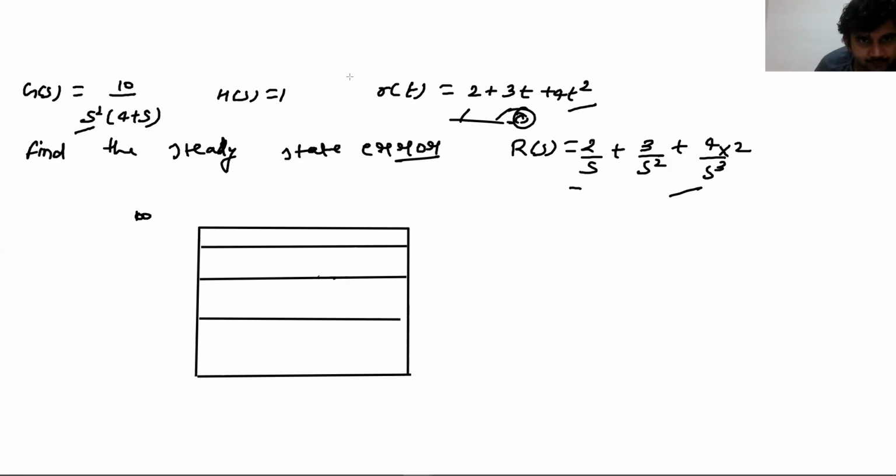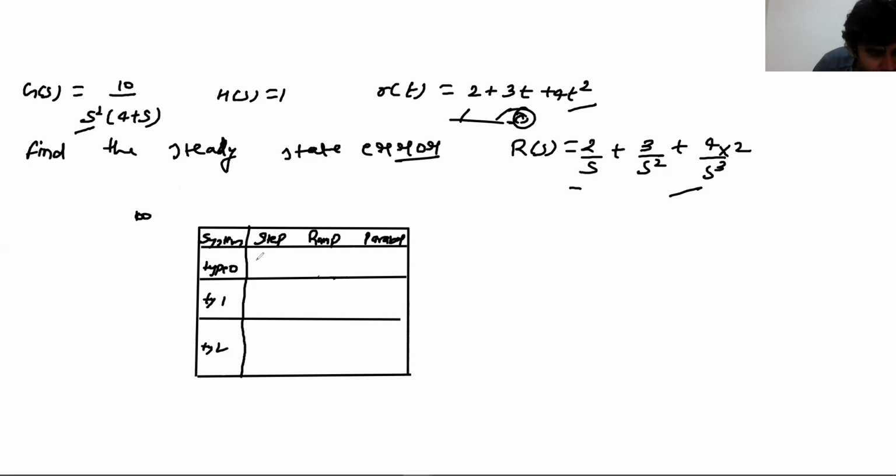Now your system type 0, type 1, type 2, input step, ramp, parabola.